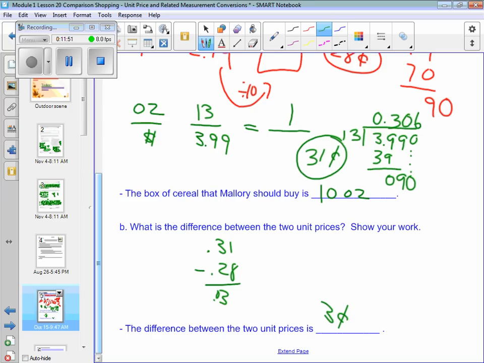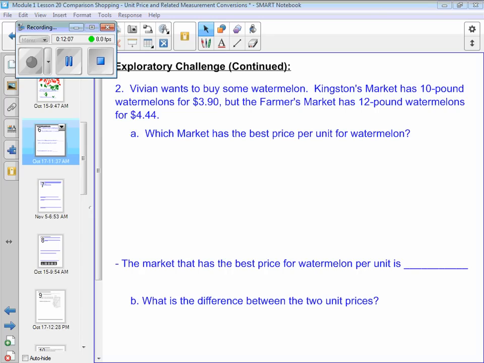Now, numbers 2 through 4 follow the same exact pattern. Find the unit rate for each one and comparison shop. 5's a little different, but 5's easy. All right, group up and go. Okay, so Juliana's going to help us with the remaining problems 2 through 5. So Juliana, first set up your template and your ratio for this.